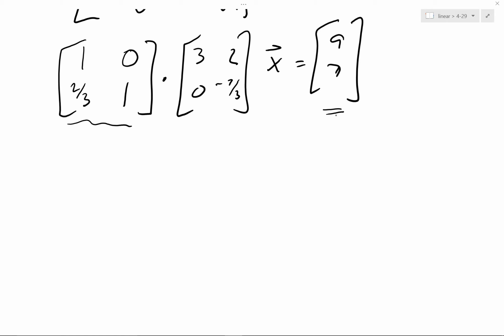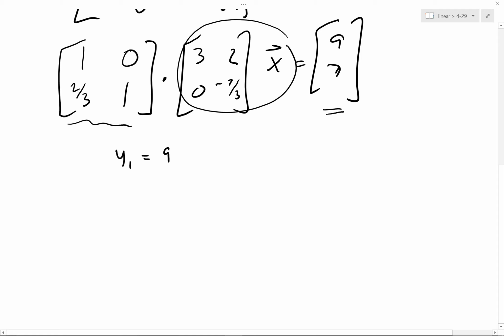So you've got some y values there. We're going to treat this as some vector y. So y1 is equal to 9, and then 2/3 y1 plus y2 is equal to 7. Of course, you solve this and you get y1 is 9. And 2/3 of 9 is 6, plus 1 is equal to 7. So y2 would be 1.